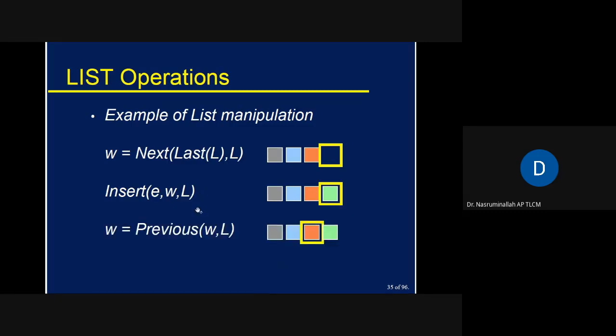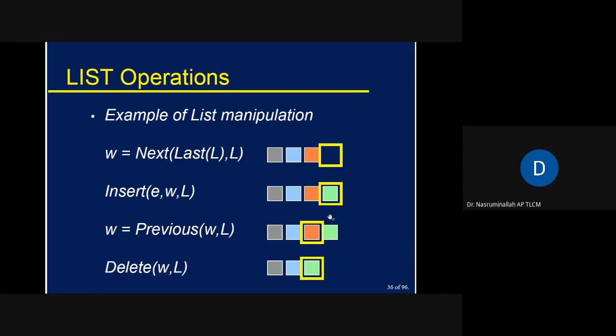Now if you want to move our window to the previous location, we can perform that as well. Previous will move us to the previous window location. With reference to the existing location, it will move us to the previous window location. So the window will be moved to the orange element in the list.